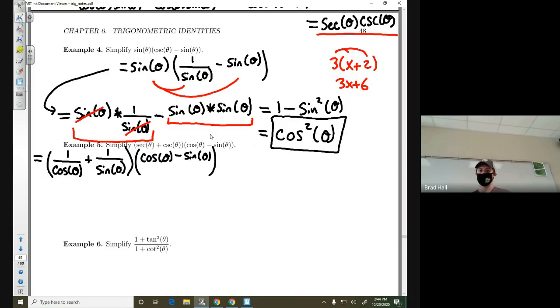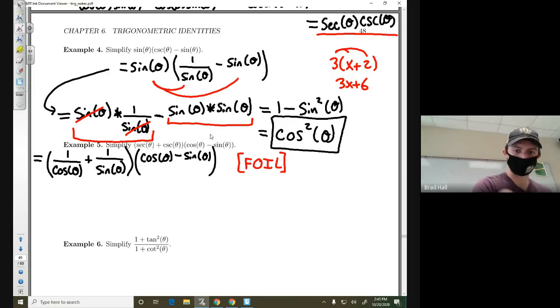Now, algebra. What do we do, Dennis? Distribute. It's a certain type of distribution. It's got a special name. FOIL? Yeah. This is going to be a FOIL. Hopefully you remember from algebra the FOIL process.